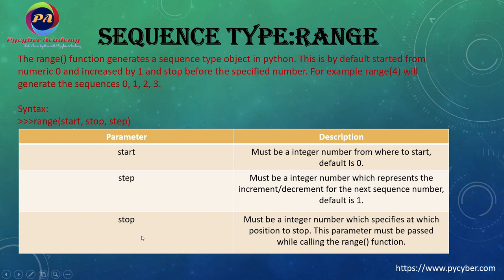The next one is stop, which must be an integer again, which specifies at which position to stop. This parameter must be passed while calling the range function, so it will stop when we reach that number.